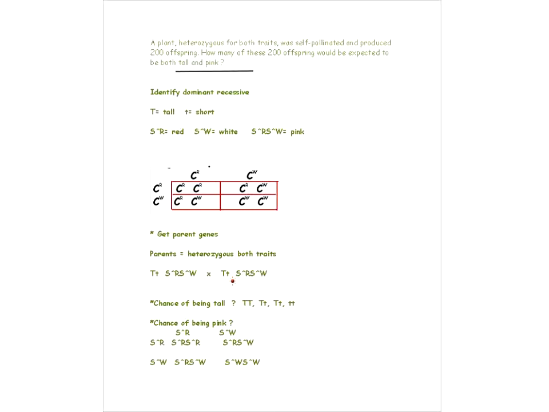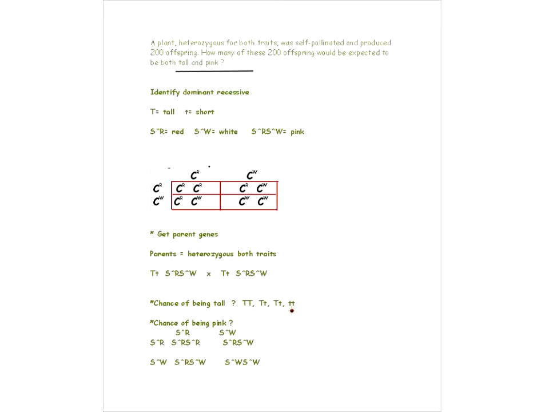If we're going to find the chance of being tall and pink, you might remember from our last session that the chance of two independent events is found by multiplying the two events together. Like if you roll a dice and flip a coin, you multiply 1/6 times 1/2. It's the same deal here. So for the chance of being tall, you just focus on the T's. These are all the 4 different possibilities you'll get.